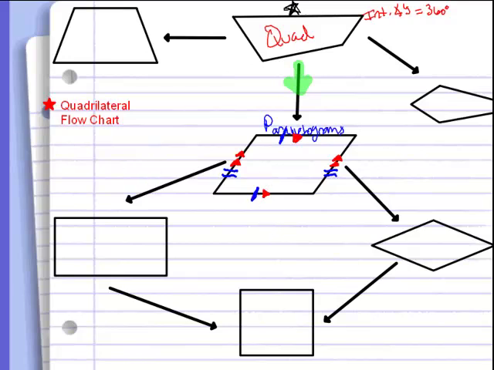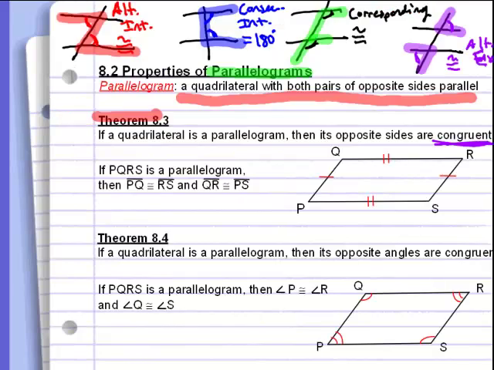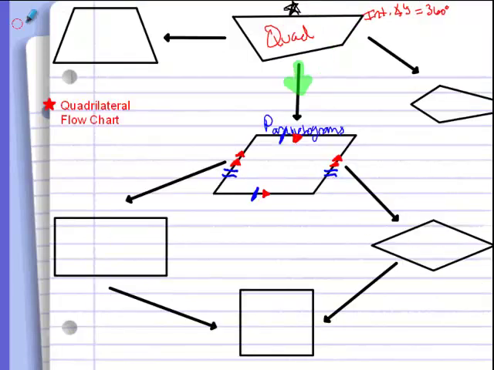Then we're going to go back. So we've got parallel lines, we've got congruent segments, or congruent sides, and now Theorem 8.4 tells me that if a quadrilateral is a parallelogram, then its opposite angles are congruent. Well, I need to mark that, and I'm going to use this color.